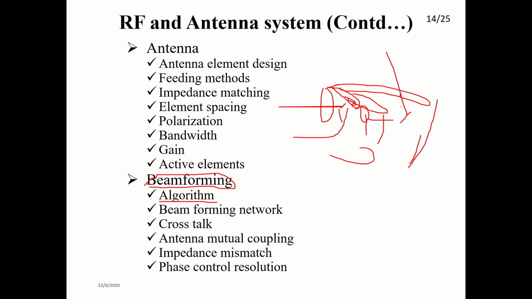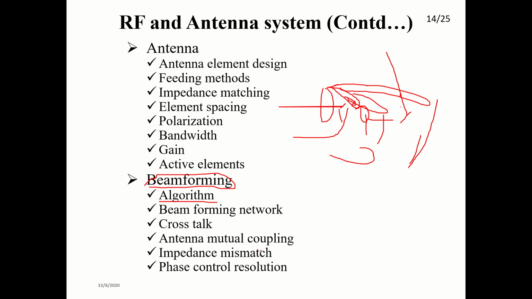For example, a substrate may be very good up to 28 to 30 gigahertz, but beyond that you cannot achieve very good reliability, the ideal case, for a very high frequency range. So that also matters.